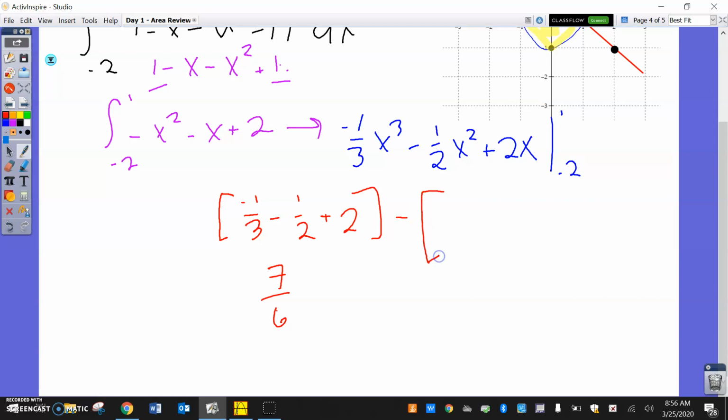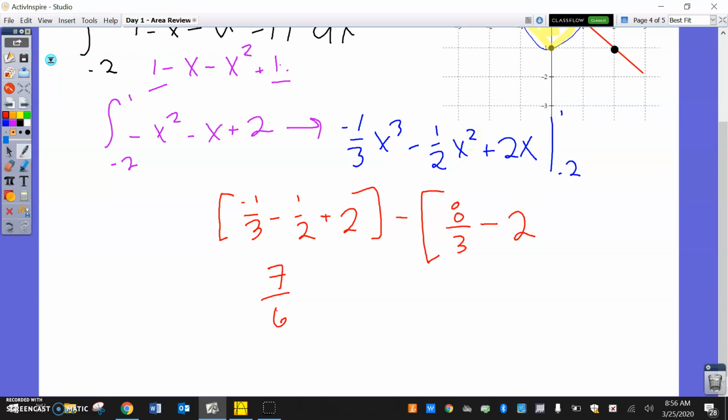Okay. Then I'm going to plug in negative 2. So negative 2 cubed is going to be negative 8, times negative 1/3 is going to work out to be positive 8/3, minus negative 2 squared, which is positive 4, times 1/2.